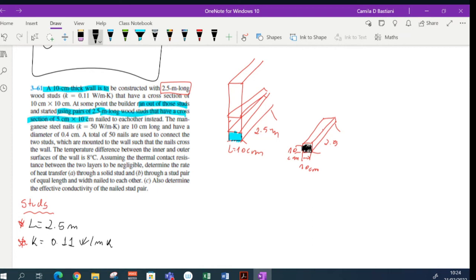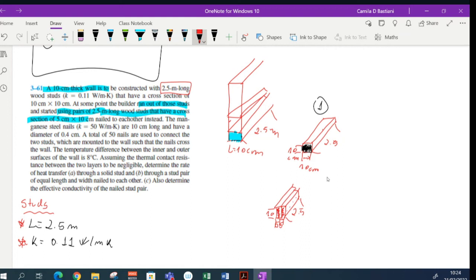So when he ran out of this first one, he started getting studs that were 5 by 10 and nailing them together to get 10 by 10. Now I have 5, 5, 10, and again 2.5. Okay, now he's nailing together pairs of studs.